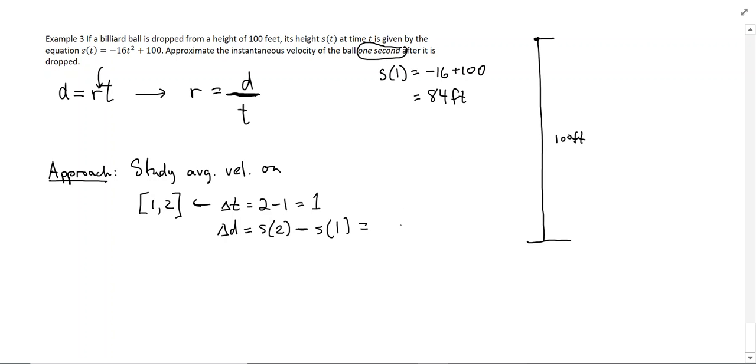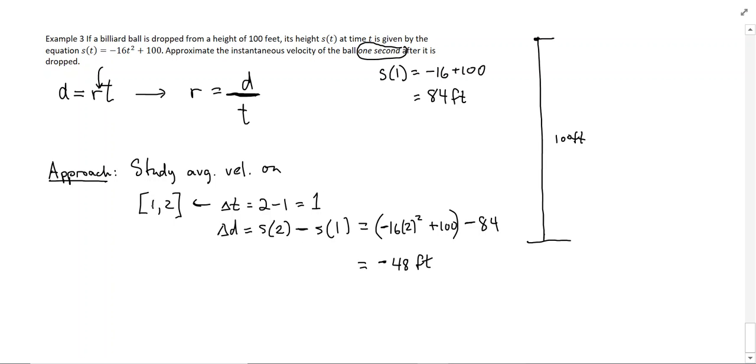If we plug into the formula, we get negative 16 times 2 squared plus 100, minus s of 1, which we already found is 84. So this simplifies to negative 64 plus 100, which is 36. 36 minus 84, pull out your calculator, is negative 48. So negative 48 feet.